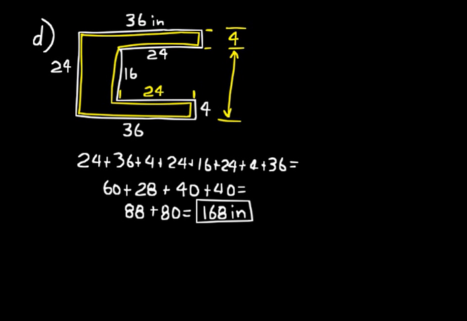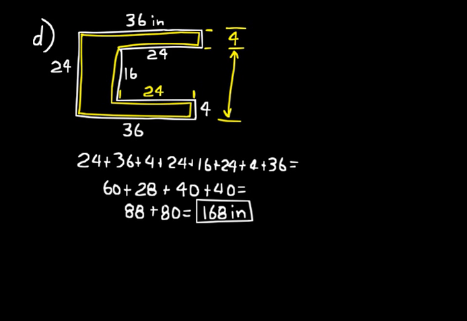On these perimeter problems, one thing that people mess up on a lot is you forget to write down all of your numbers that you need to add together. That's why it's a good idea to first just make a path around the perimeter of that object, and that helps you remember what all your numbers are, and then you can count them up too, and you can see you have 1, 2, 3, 4, 5, 6, 7, 8 numbers that you should write down and add together.